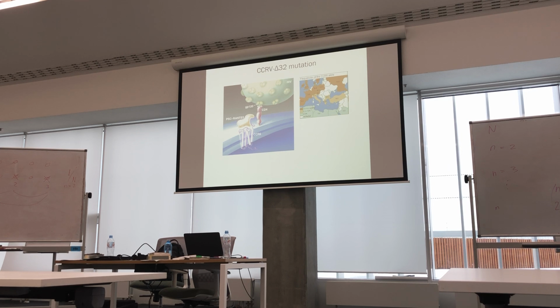Nevertheless, when people sequenced the fossil skeletons of individuals that lived in Europe in the Bronze Age from Italy and Germany, say 3,000 to 5,000 years ago, they also found the same mutation with the same frequency. So that means that mutation had already spread in Europe 5,000 years ago.